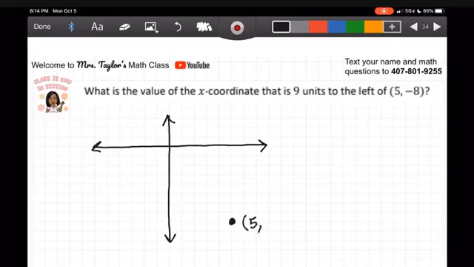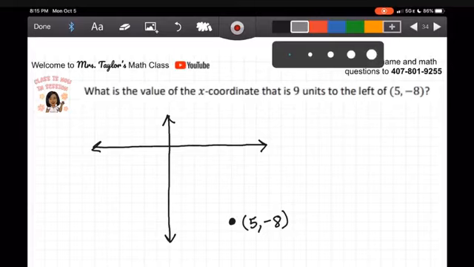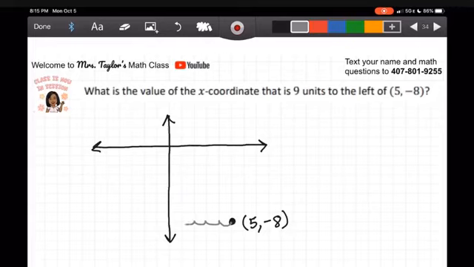Now they say if I go 9 units to the left, let's count 9 units to the left. I go 1, 2, 3, 4, 5, 6, 7, 8, 9. If I'm 9 units to the left, what's my x-coordinate? Well, let's look at this ordered pair.